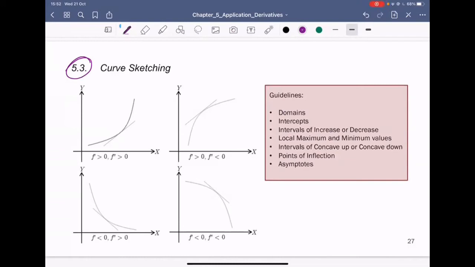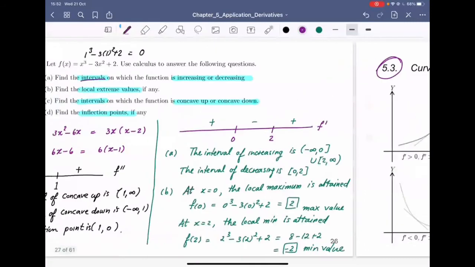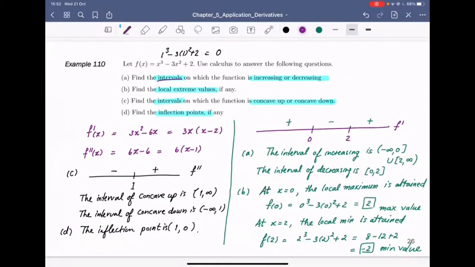Let me answer the question in the chat first. We have a question: if the domain of f does not include 1, then the answer is what? Well, for sure, if the domain of f does not include the number 1, you just exclude number 1. That's pretty simple. So for the interval of increasing and decreasing, and the interval of concave up and concave down, it doesn't matter whether we argue about it closely.